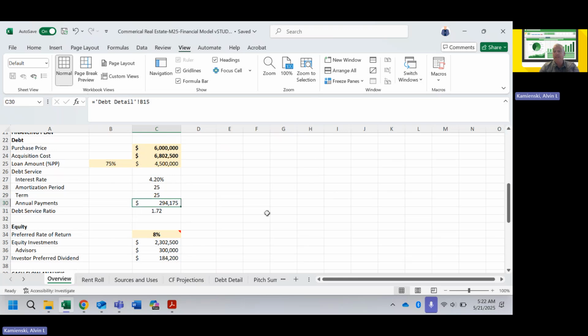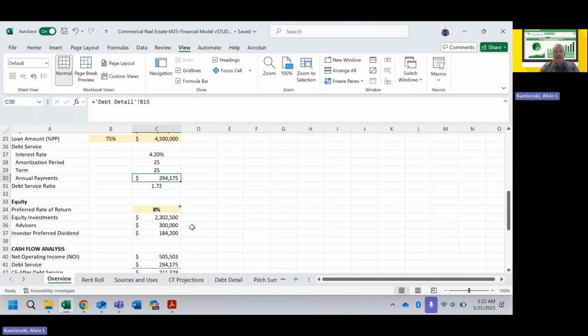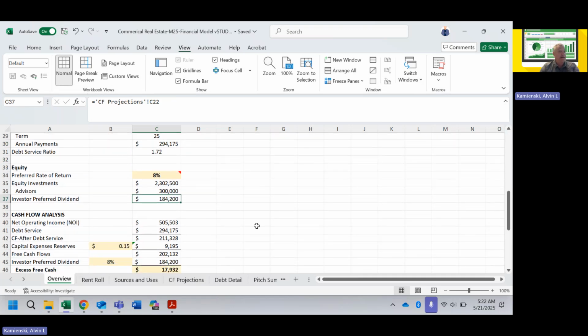Then I needed to pay another $300,000 to the bank. The next party I have to pay is my investors, and that's another $184,000. So here's that recap again. The 505 minus the 294 left me with like 211.